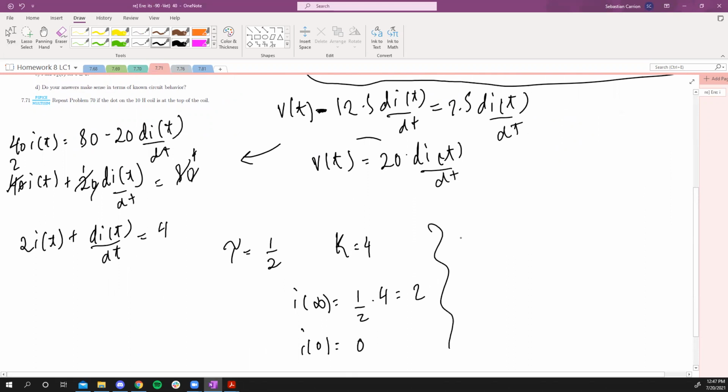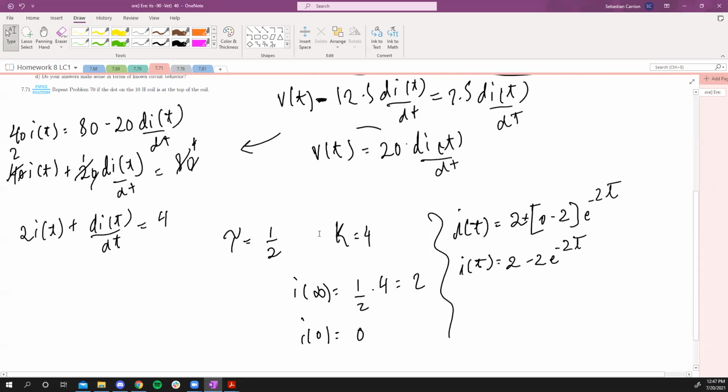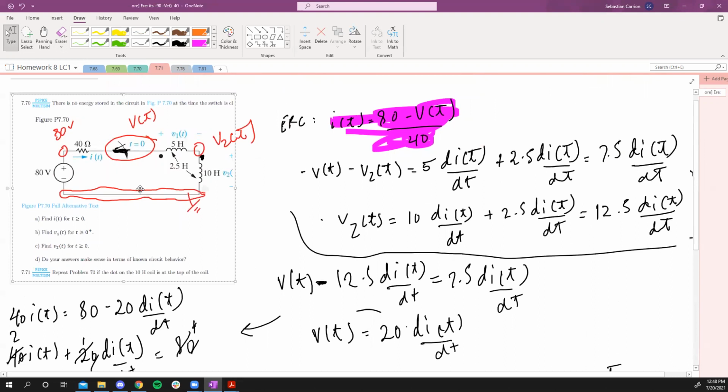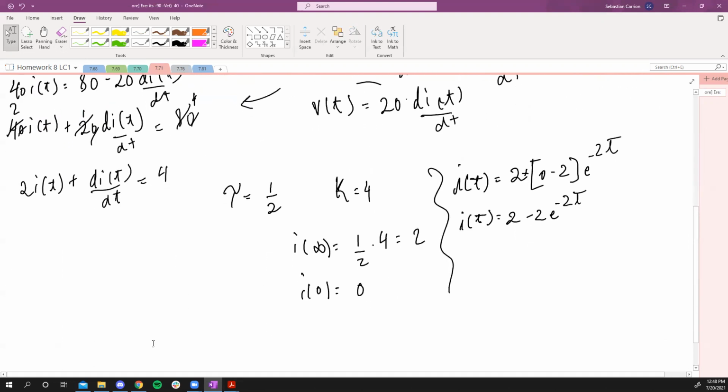So plug this in, IT equals 2 plus 0 minus 2 e to negative 2t. So it is going to be 2 minus 2 e to negative 2t. Right? Okay.